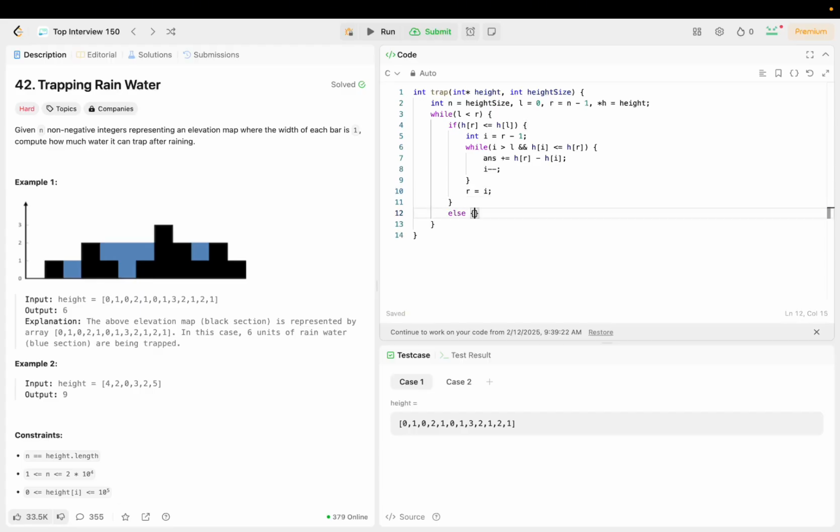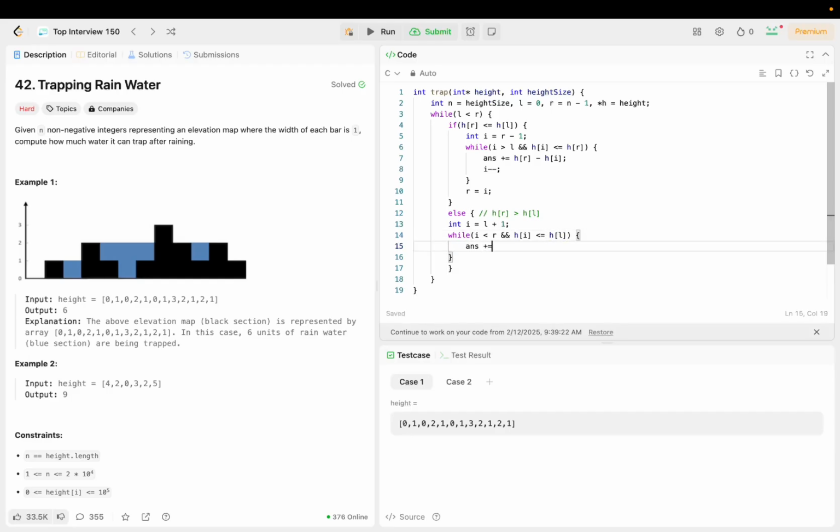And in the second case, which means if h of r is larger than h of l, we are going to set i equal to left plus 1, so one position to the right of the left index, while i is less than the right and the height of i is less than or equal the height at the left.